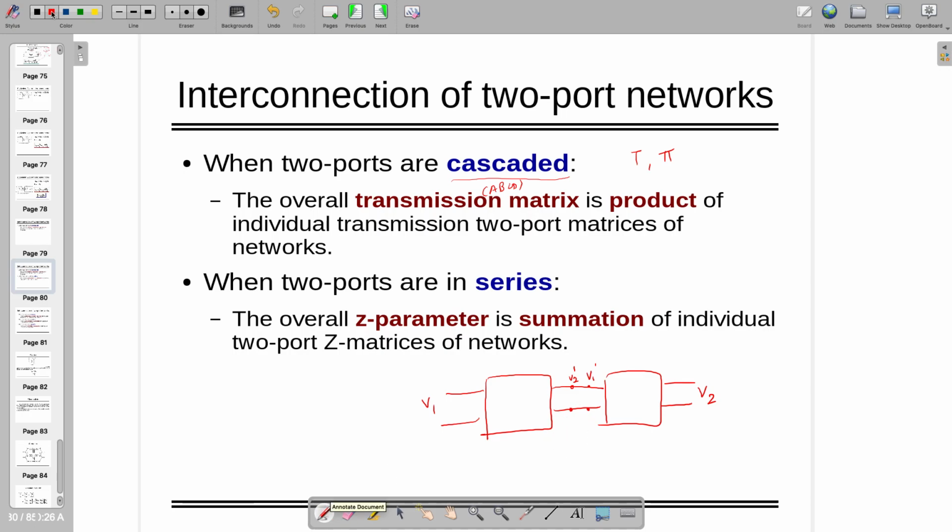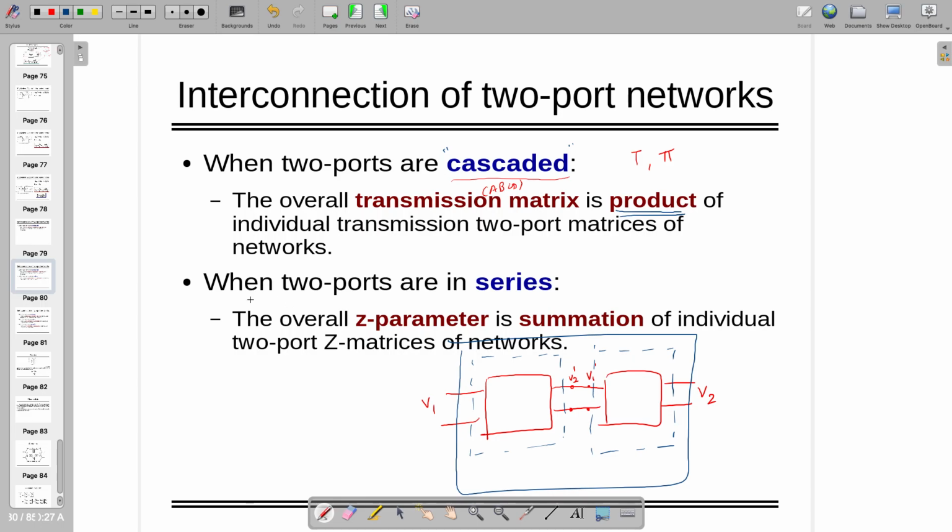So what will be my approach, I'll solve the ABCD network for this network, and then I'm going to make the product of both. The product will give me directly the effective ABCD matrix for the V1 and V2 port if they are cascaded. Otherwise, you need to follow some other technique. So this is also telling you, if two networks are cascaded, you should use the transmission matrix, which is faster.